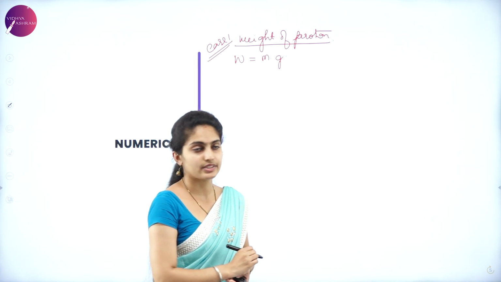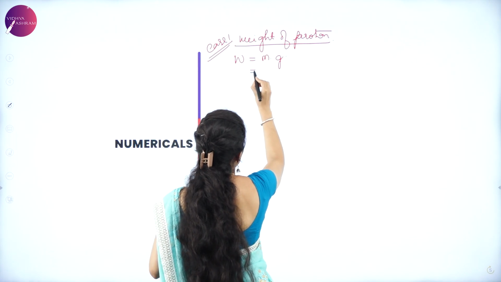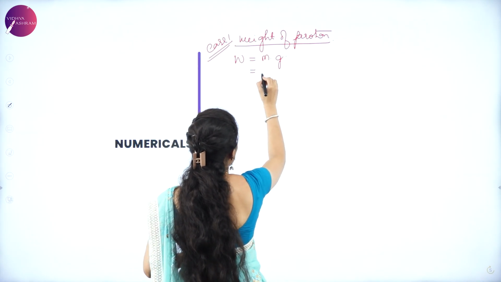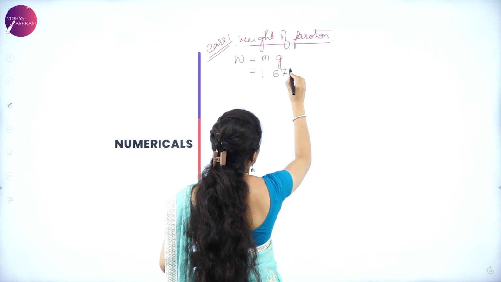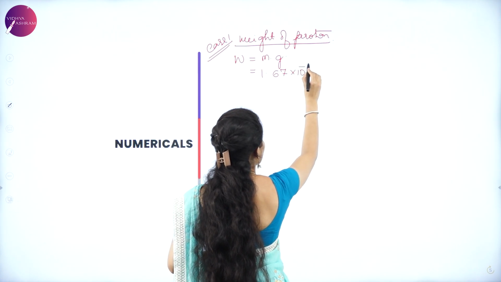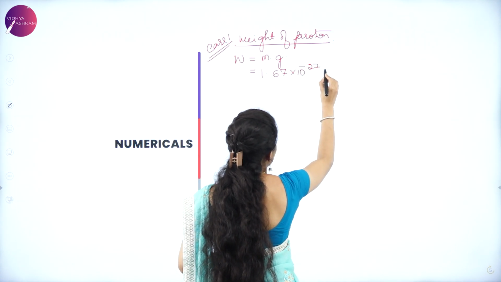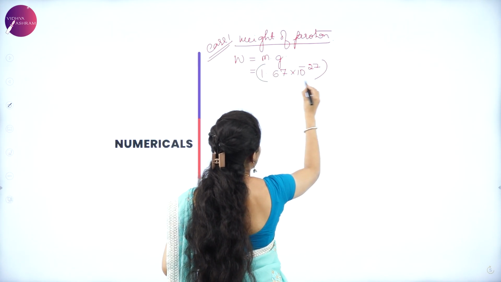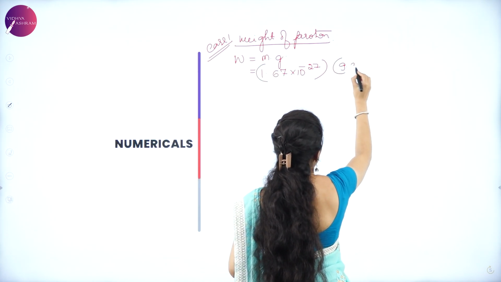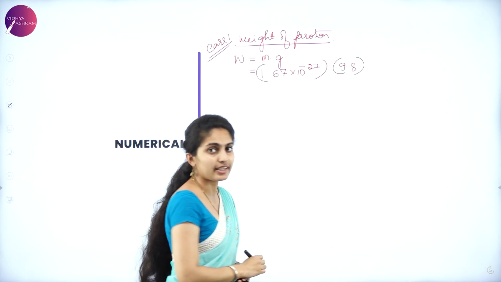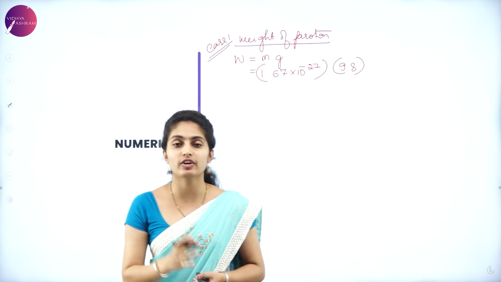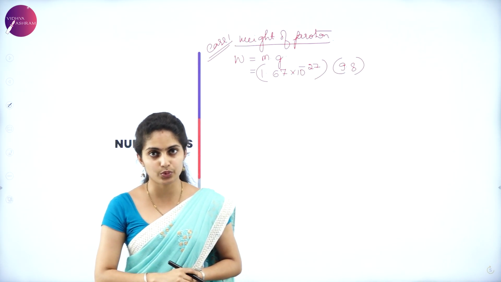What is its mass? It is 1.67 × 10^-27 kg, and multiply this with 9.8 meter per second square, which is called the acceleration due to gravity.